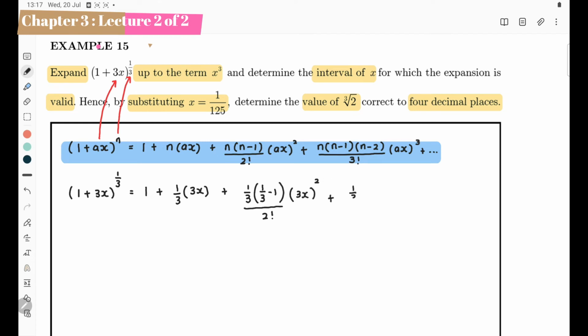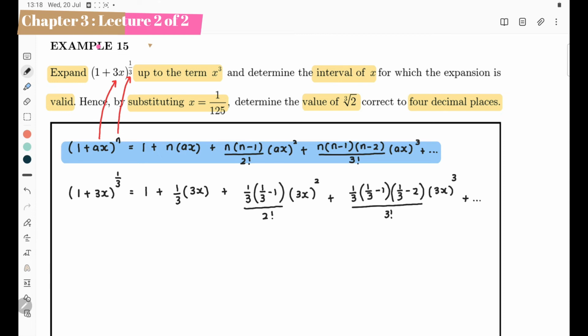Next is (1/3)(1/3 minus 1)(1/3 minus 2) divided by 3 factorial times (3x)^3. And don't forget plus triple dots.